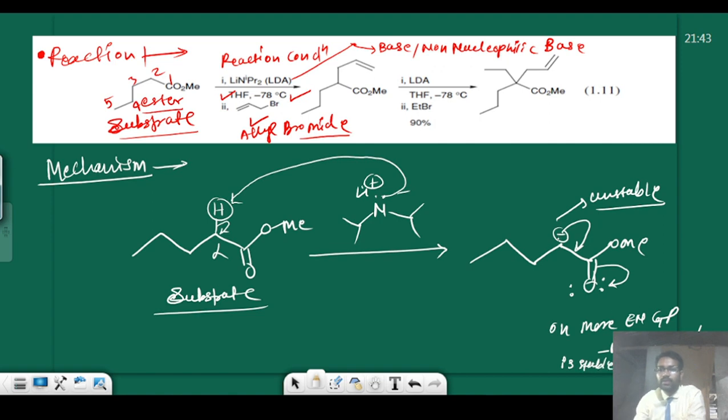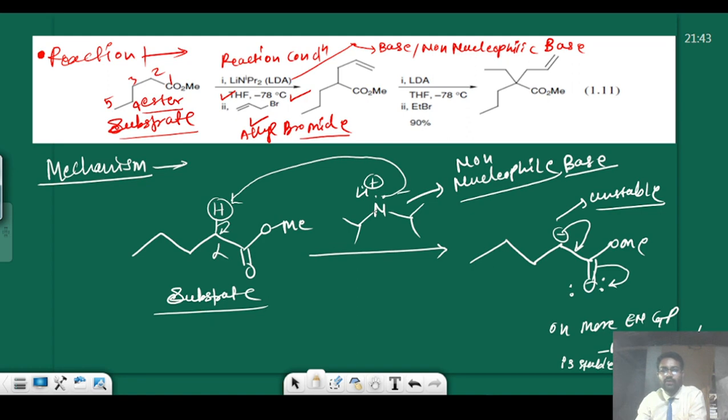So it does not act as a nucleophile. This is a non-nucleophilic base.